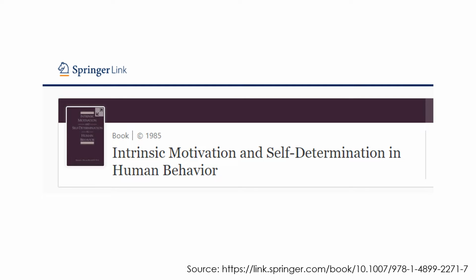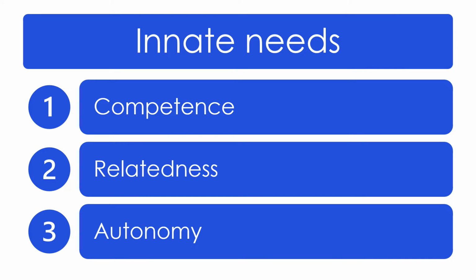The early work on the self-determination theory can be traced back to 1985 in a book titled Intrinsic Motivation and Self-Determination in Human Behavior. The self-determination theory assumes that people have an inherent growth tendency and innate psychological needs that are the basis for their self-motivation.